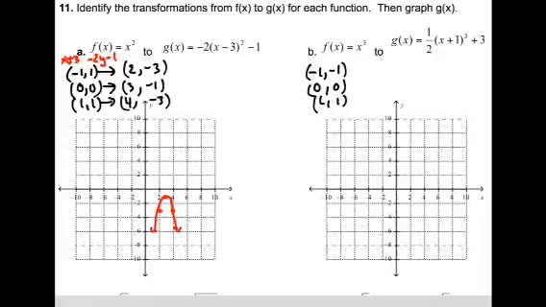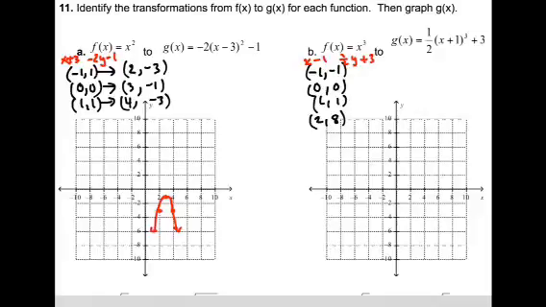And then just for extra measure, we put in 2, 8, just to make sure you graph the right function. Okay, so let's see, the x's get transformed by subtracting 1, so x minus 1. The y's get multiplied by 1/2, and then added 3.